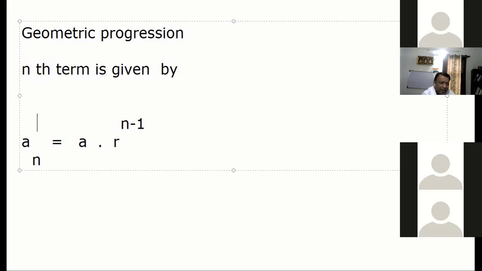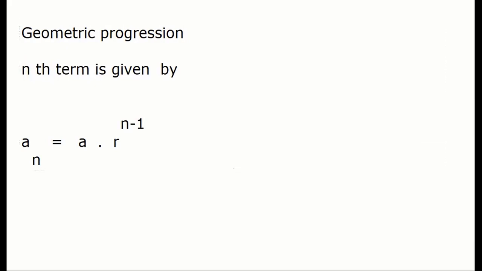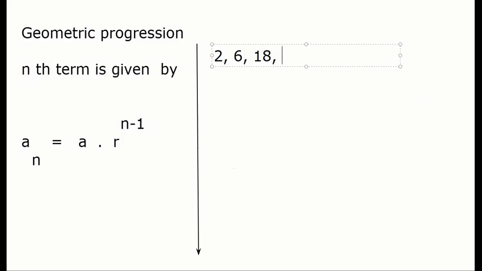For example, if my GP is like this: 2, 6, 18.